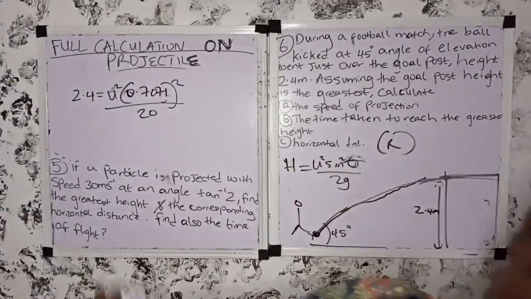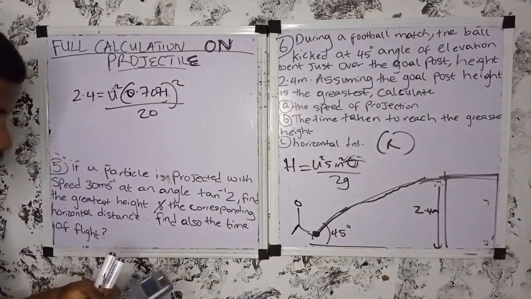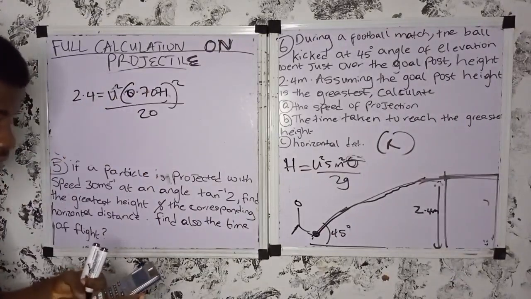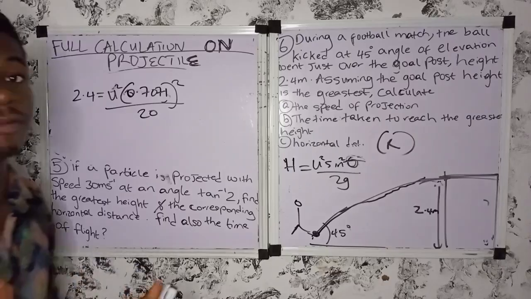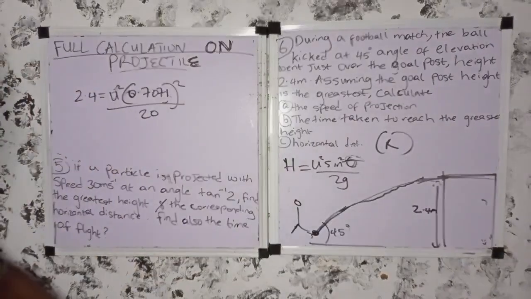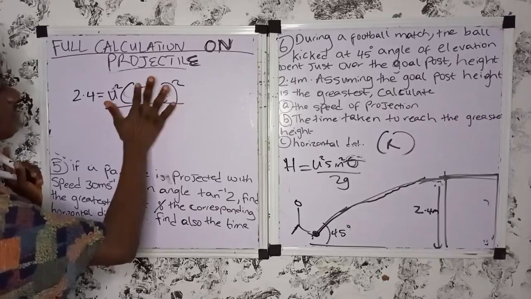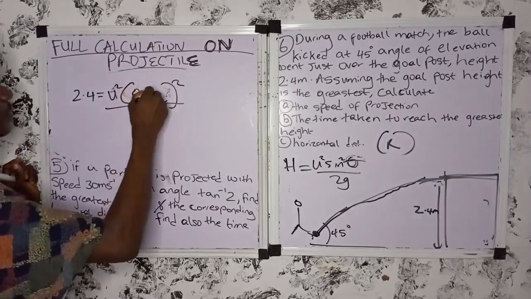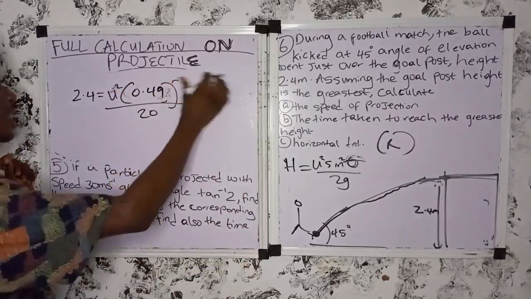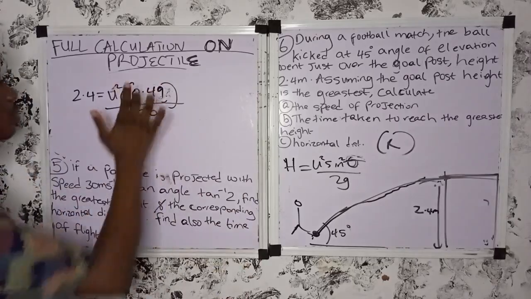So let's look for the square of 0.7071. 0.7071 times 0.7071 gives 0.4999, so let me just take it as 0.49. So the square of 0.7071 gives us 0.49, right?